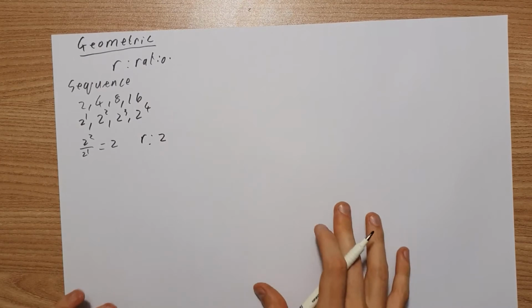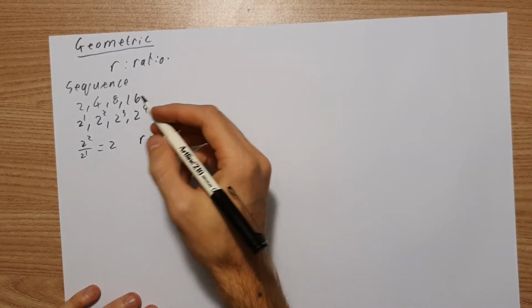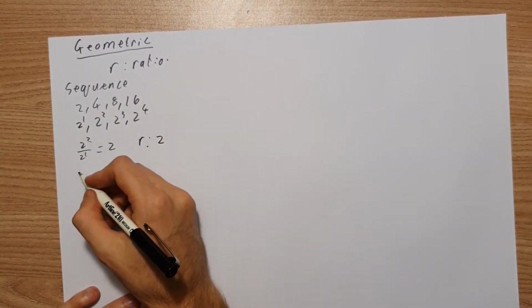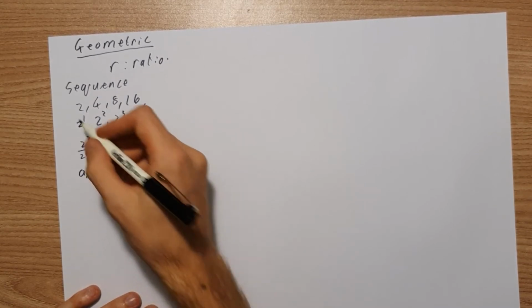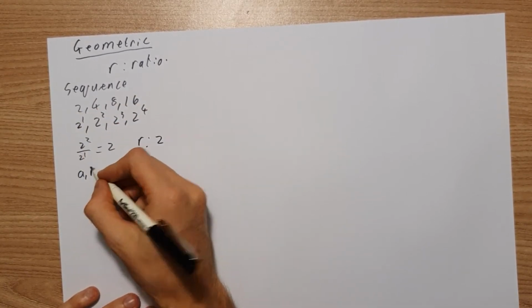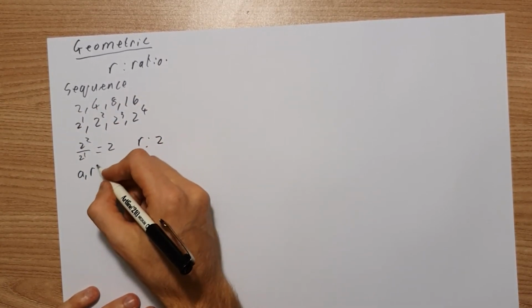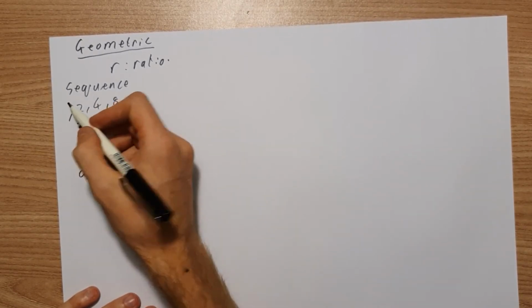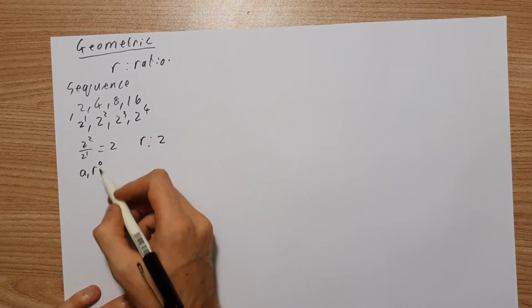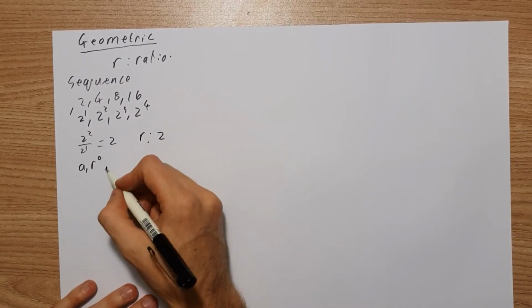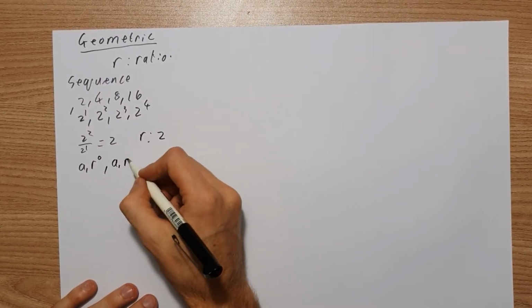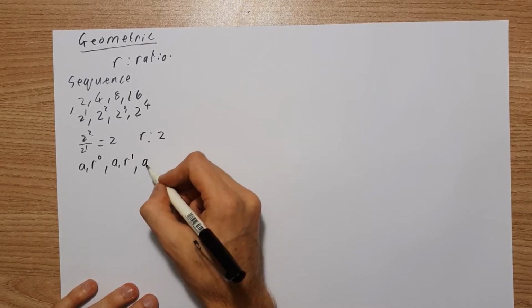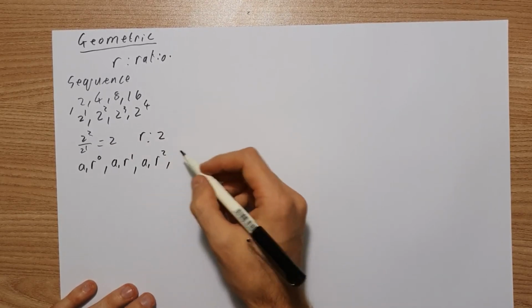So when we're looking at the general term for this, we can see that we have over here a1, which is 2 times my ratio to the power of 0. So that's just 2 over there, because anything to the power of 0 is 1. And then we have a1 times r to the 1, a1 times r to the 2, and so on and so on.